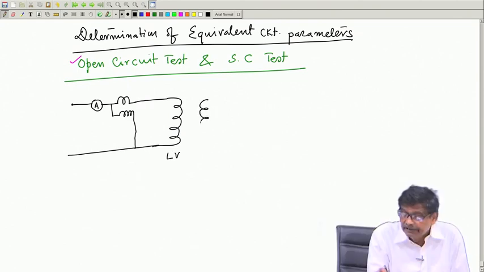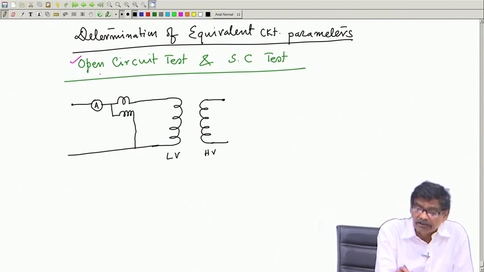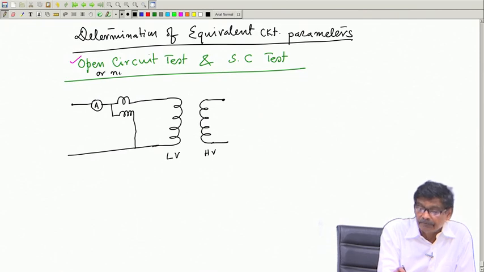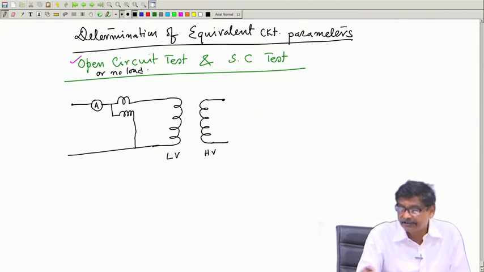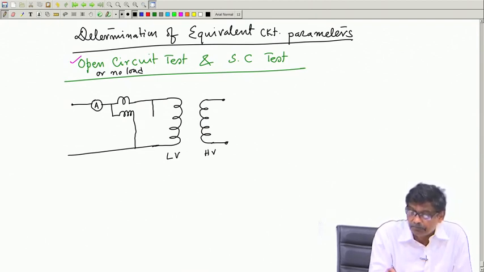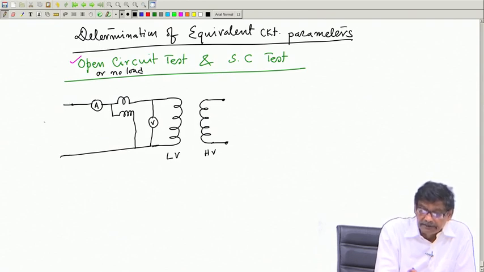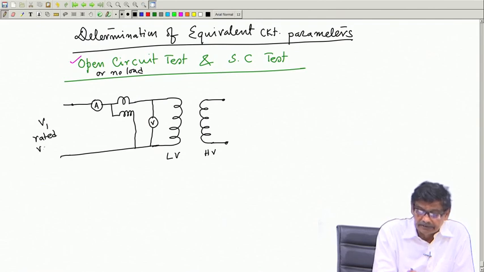The other side, the HV side, is open circuit, sometimes called the no load test. No load means no impedance is connected across the secondary, and you also connect a voltmeter across this, and here you apply V1, the rated voltage, at rated frequency.